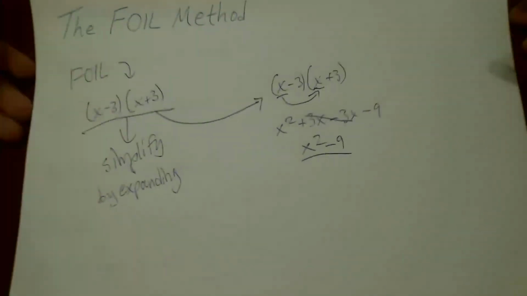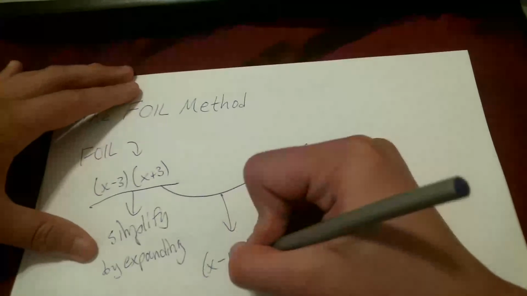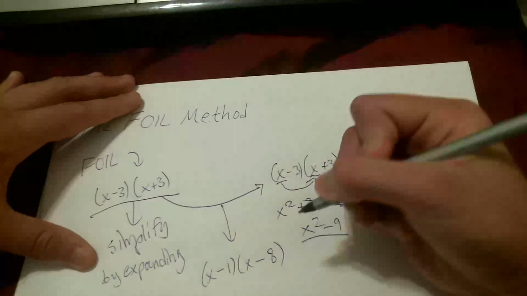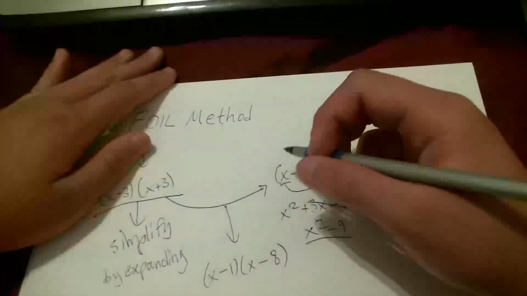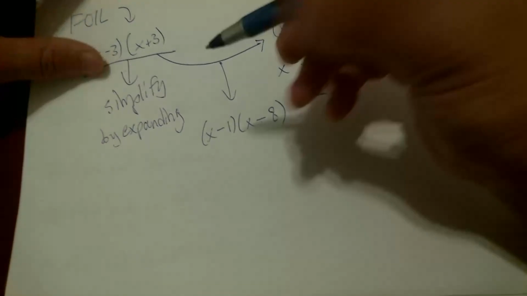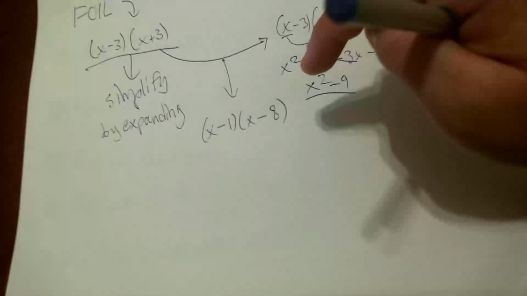So let's try x minus 1 times x minus 8. We would follow the same procedure for solving this one. We first multiply x and x, which results in x squared.